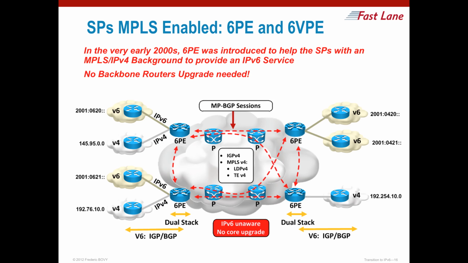For service providers with MPLS, there is no choice. It is 6PE or 6VPE. And again, the beauty is that you do not need to change the backbone. You just need to add the 6PE at the edge, and you will immediately have provided an IPv6 service to your customer.